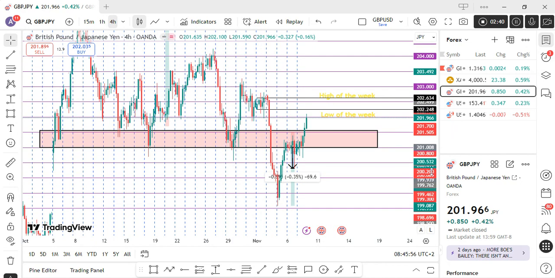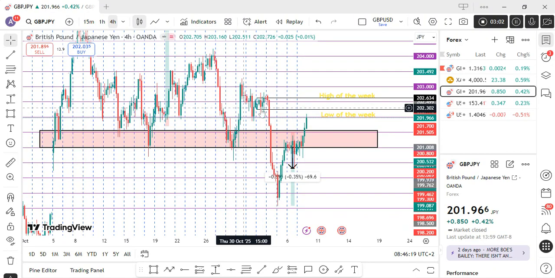For us to be more practical about this, each of my psychological levels you see on my chart, these horizontal rays with purple lines, are my psychological levels. They act as support and resistance. From the level where I finished marking, each of them is a 50 pip movement. So let's count.